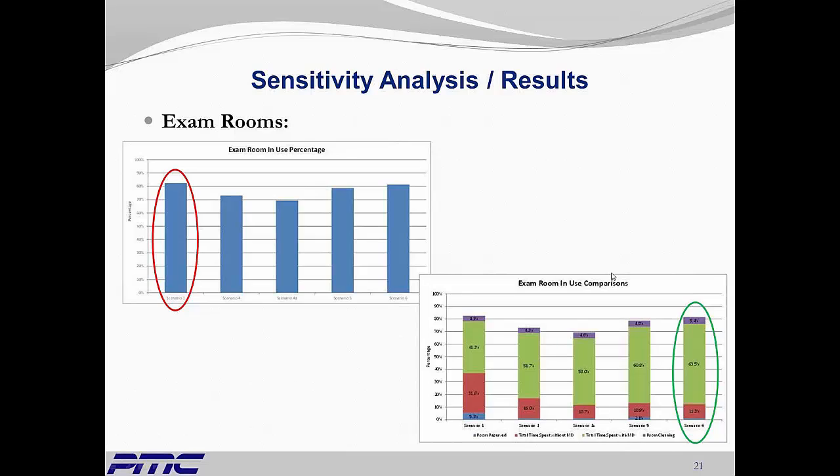However, again, the advantage of simulation is the ability to look at things in great detail. So when we break this percentage down to see how that time is spent, okay, well, the exam room was being utilized, but who was in the exam room and what were they doing? So we can look at it in 4 different categories.